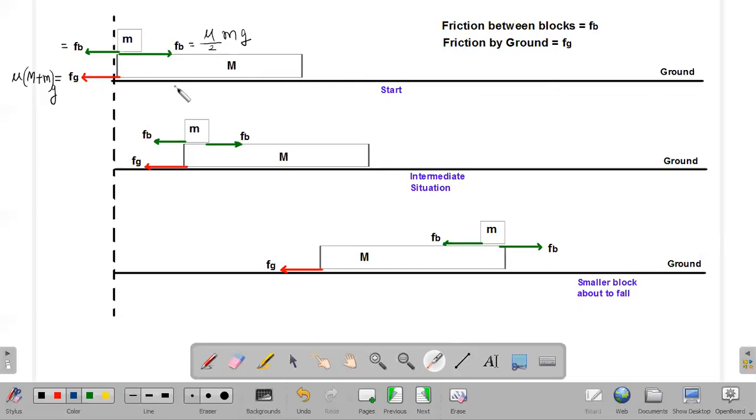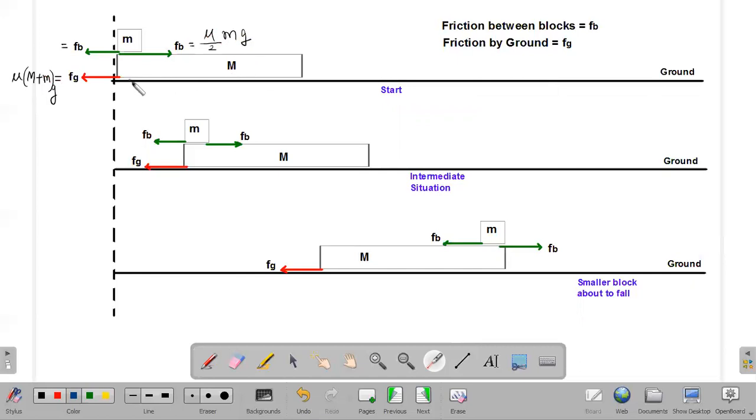You can clearly see that the magnitude of the ground friction is more than the friction between the blocks, since it is mu upon 2 mg, and here you have mu mg plus mu Mg. So it is very obvious that the friction between the ground and lower block has a larger magnitude than the friction acting between the two blocks.